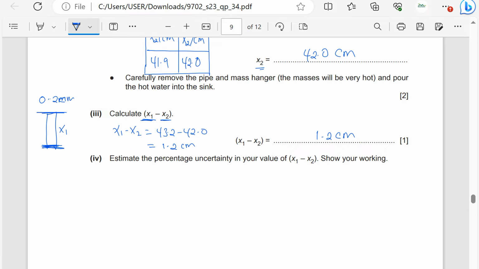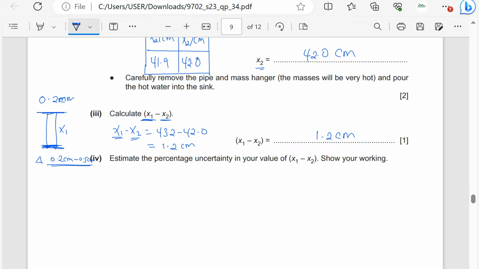I expect that the absolute uncertainty for a ruler is going to be in the range of 0.2 centimeters to around 0.5 centimeters for a meter ruler or any ruler when it is used many times. My student chose the absolute uncertainty to be 0.4 centimeters because she considered the absolute uncertainty in x1 as 0.2 and in x2 as 0.2 centimeters, and she summed them up.